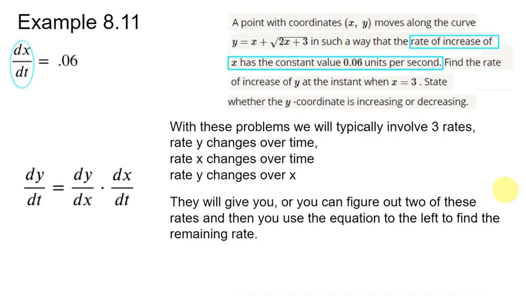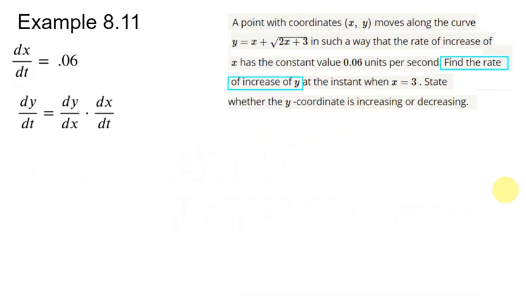So that's the change in x over time. That's 0.06. They tell us that rate. And then they ask us to find the rate of increase of y. So that's the change in y over time. We don't know what that is, so that's what we've got to figure out. Then you'll notice how it says that we want to do this when x equals 3 at this instant. And that's looking like a derivative.